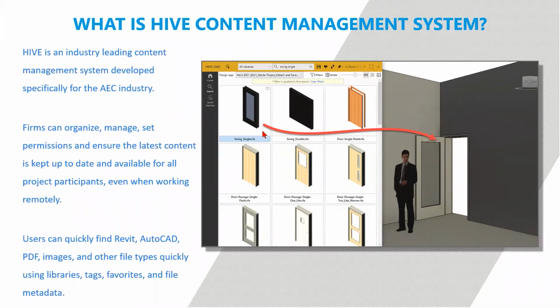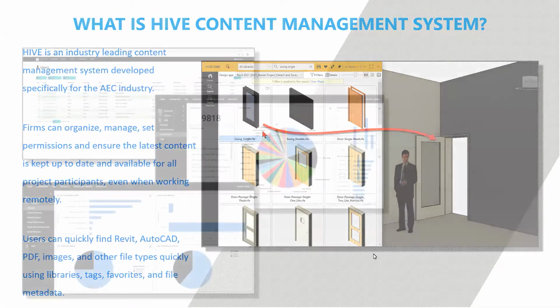And so rather than having it all on your local server where anyone can get into that file, edit it, modify it, lose it, accidentally delete it, with Hive, it's all stored in the cloud. You have full control over that with your management system. And it can not only do Revit files, but it can also do CAD files, PDFs, images, anything that you want to store in the cloud. You can store it there, of course, but where it really shines is using this in Revit. And I'm going to show you why here in just a second.